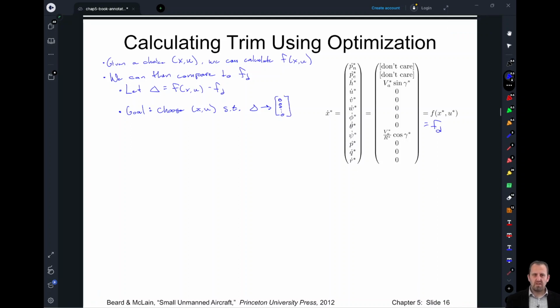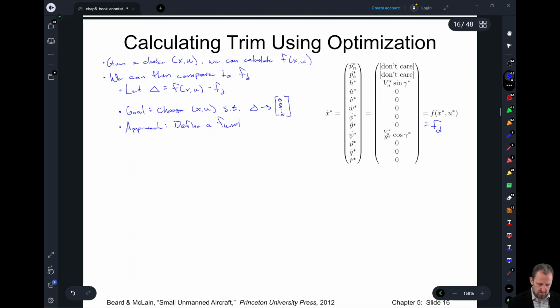The approach we're going to take is to define a function that is 0 when delta is equal to 0 and non-zero or positive otherwise.